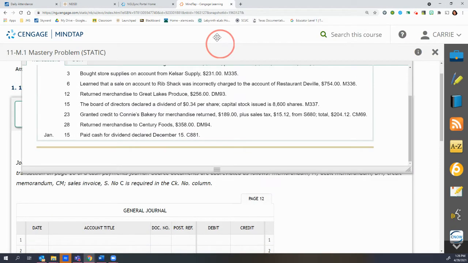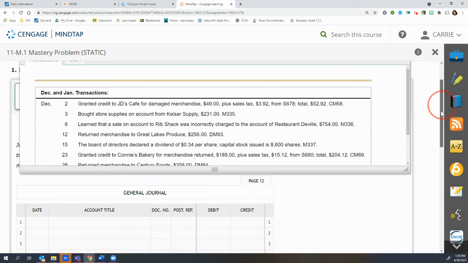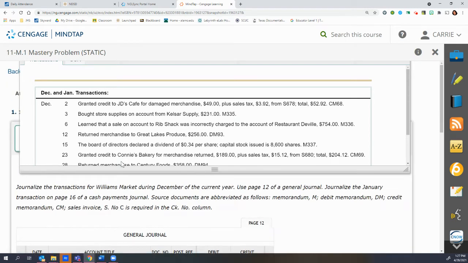Okay, so this goes on the general journal, right? And the general journal has no special column, so we have to do a debit and a credit. So this is December of the current year, DEC period 2. And the account title is going to be sales returns and allowances.